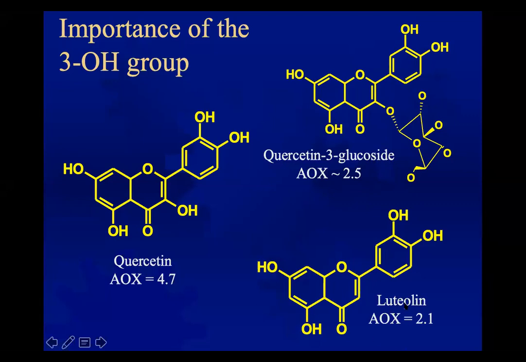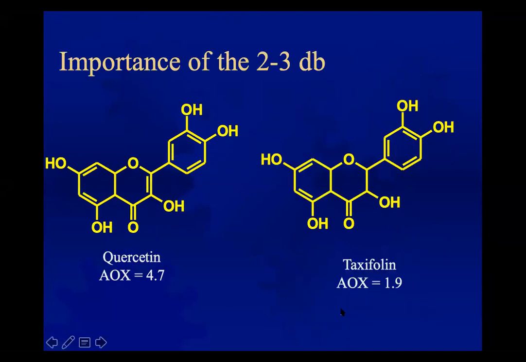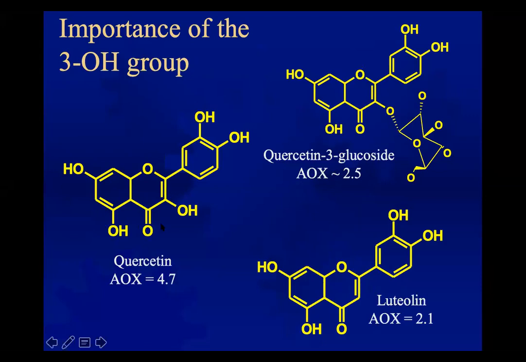Similarly, in luteolin, you can see the difference is there is no 3-hydroxy group here, but the structure is quite similar to quercetin. All are the same except the 3 OH is missing in luteolin, and its antioxidant activity is lower than quercetin.